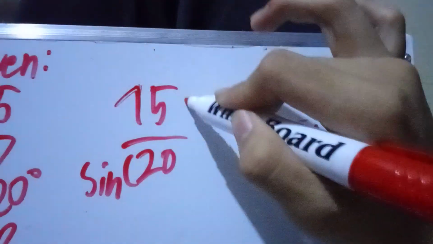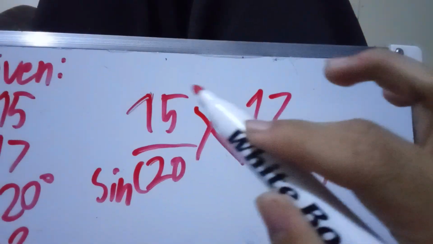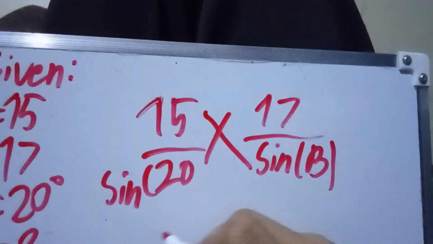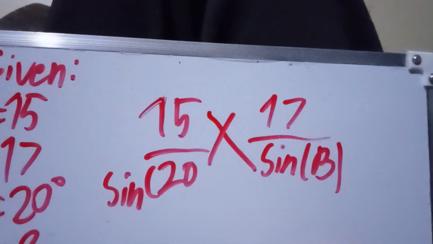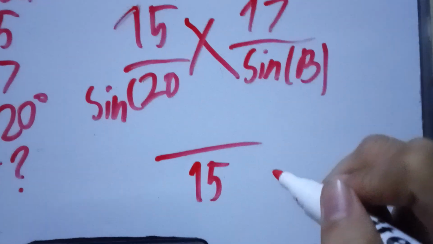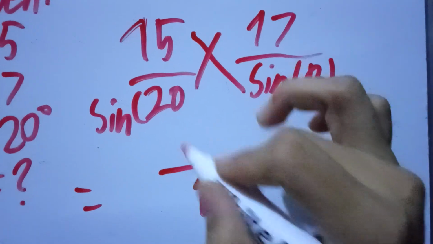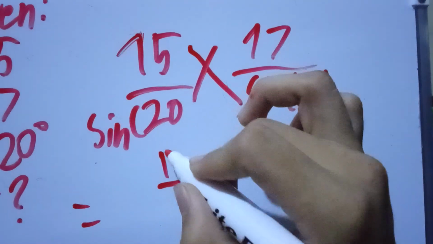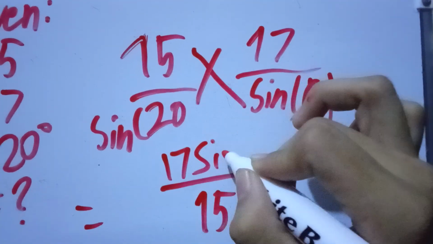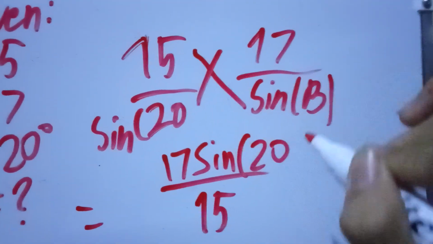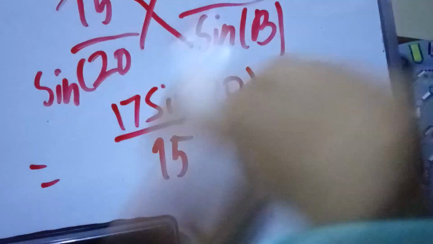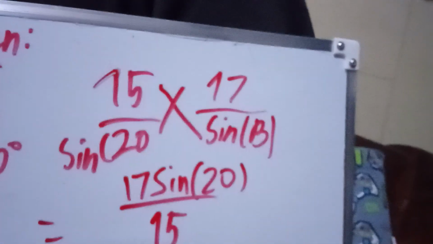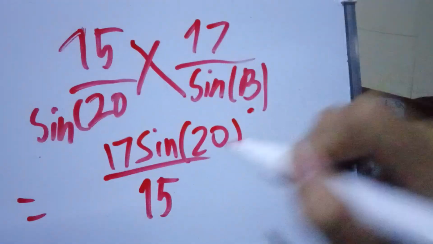We have to cross multiply them, so 15 with sine b. Since there's nothing else, we can just put 15 down here, and then for sine 20 and 17, it's 17 sine 20. It becomes this formula now, but we have to find the angle of B.